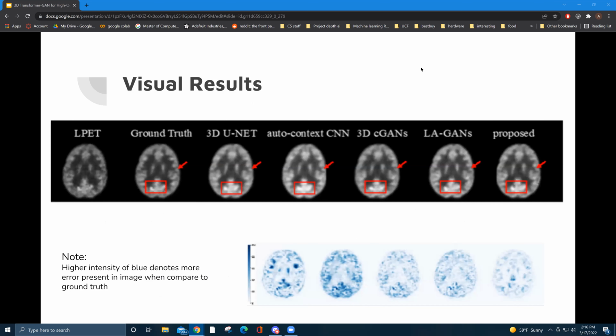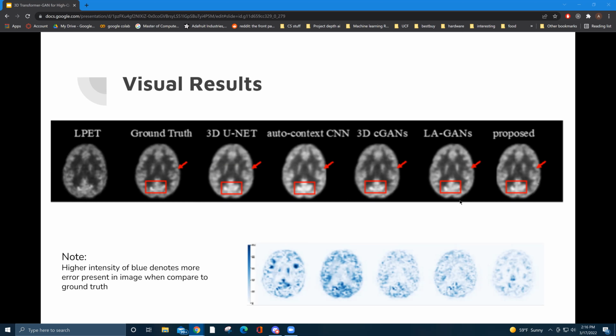Here are some visual results they posted in their paper, and it's kind of hard to see. I think that's one of the weaknesses I wrote, but some of these are kind of hard to look at. But where the square is at is where they are showing a noticeable difference between the reconstructed SPET imagery.